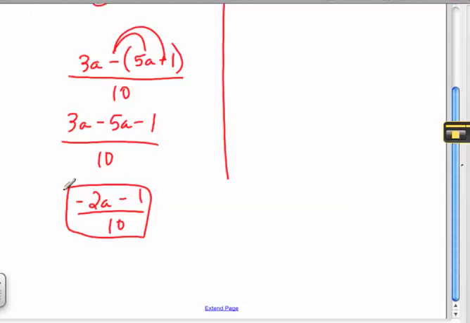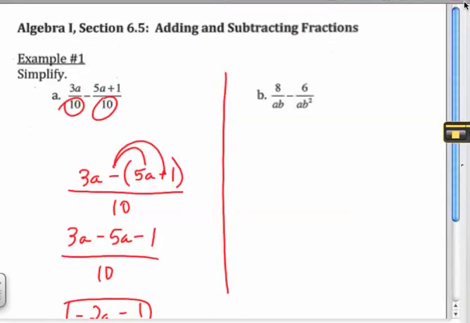Now let's go look at B. The problem that B has is that it doesn't have a common denominator. So I'm going to look at what I need to make up the first denominator. But what do I still need to make up the second denominator, Curran? Another b. So now the common denominator is ab squared.